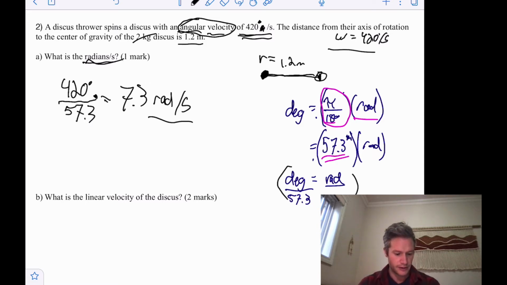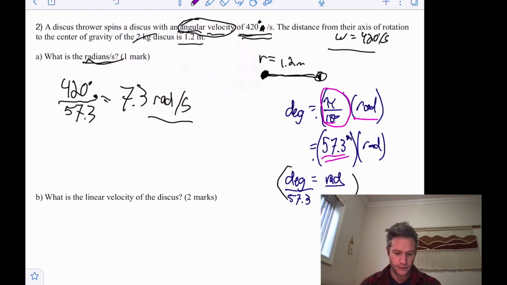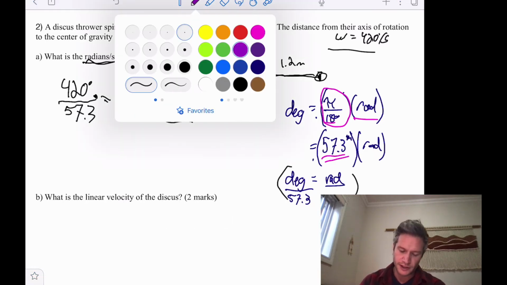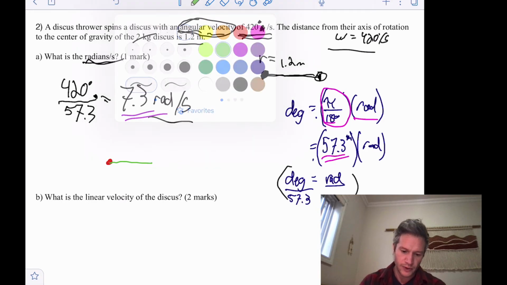Great. And we can do a little concept check here, which will be really helpful, I think. So what does it mean, and what would it look like to be traveling at 7.3 radians per second? Well, we have our center of axis here, we have our radial arm.